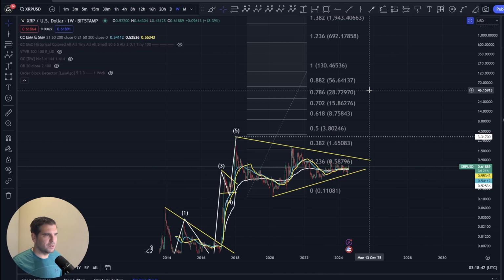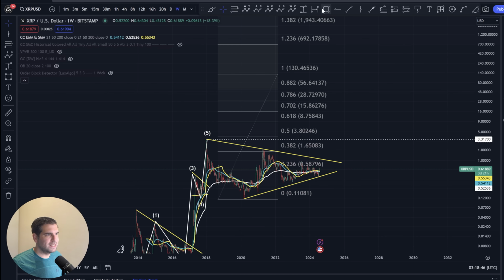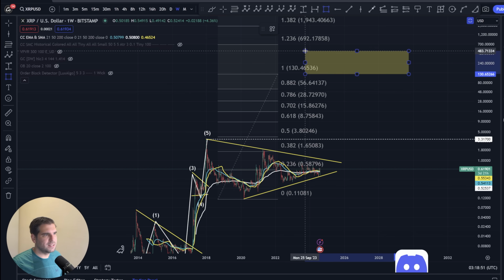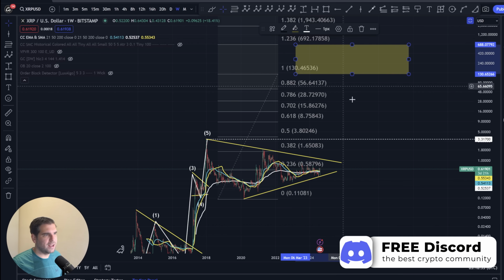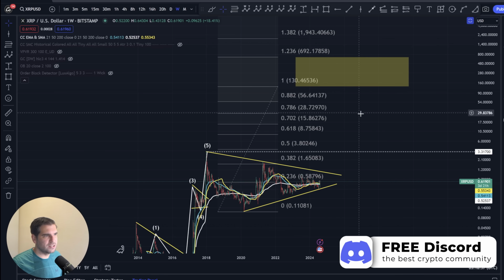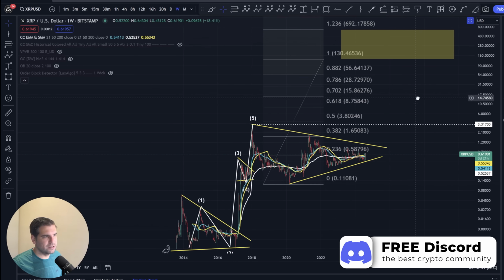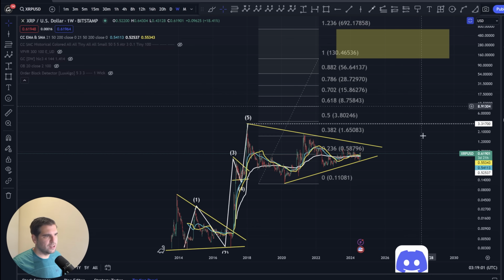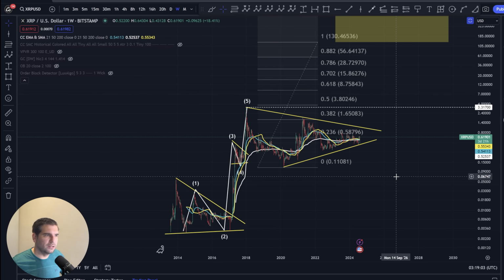It could potentially be a 2030 plus scenario, but this could potentially lead XRP's price in the next maybe 8 to 10 years out of this area of previous consolidation into that range of $130 to $692. Now, obviously, during this entire journey, I don't think XRP would be alone in that run to the upside. It could be that we actually see a significant number of other cryptocurrencies performing very well.